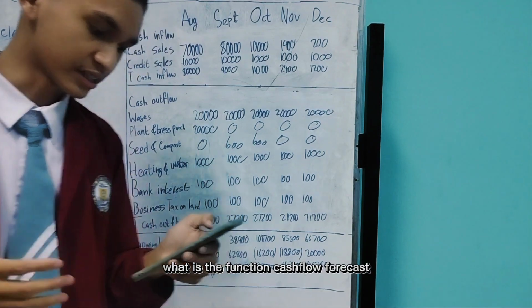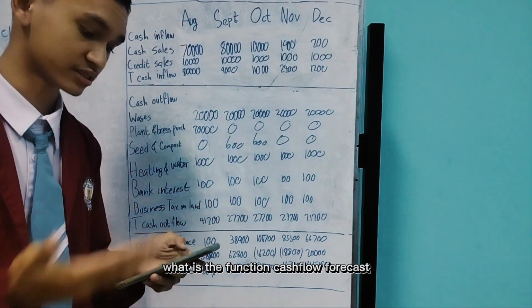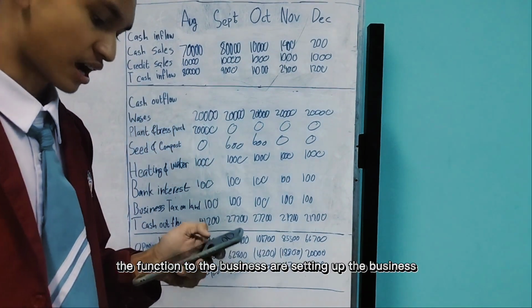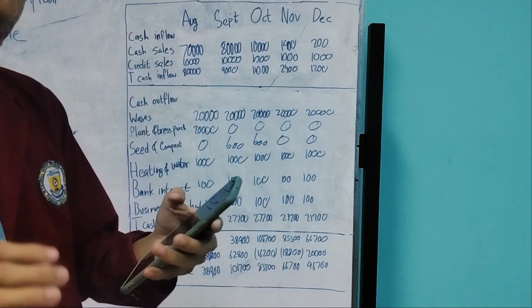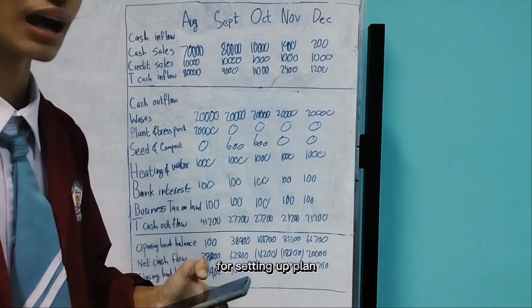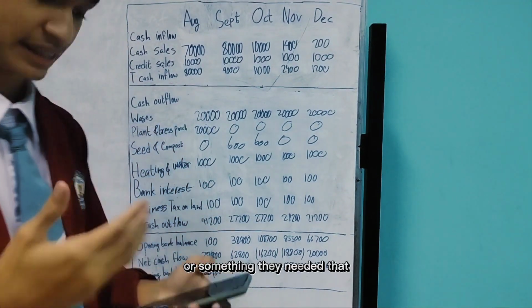What is the function of the cash flow forecast or the table here? The function to the business is setting up the business. So the manager needs to know the cash needed for the setting up plan or something that they need.